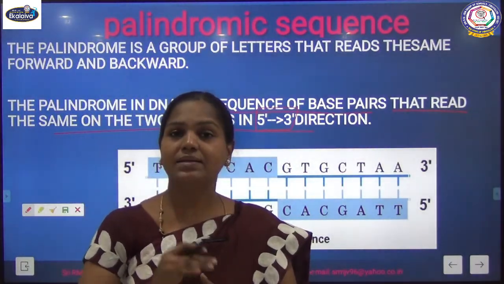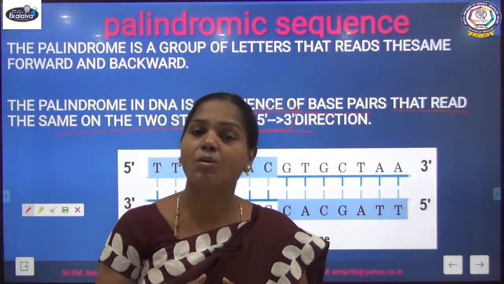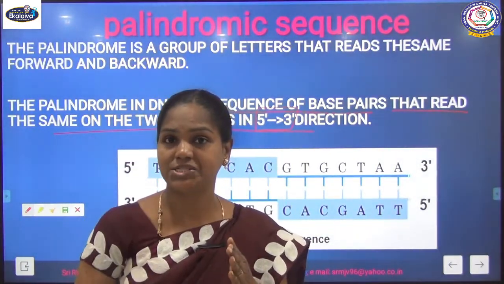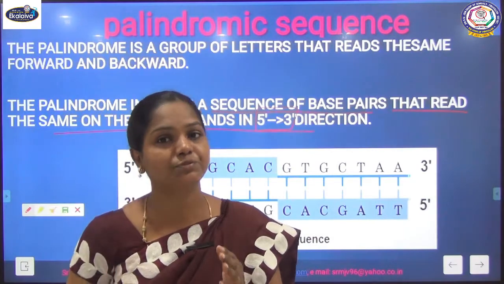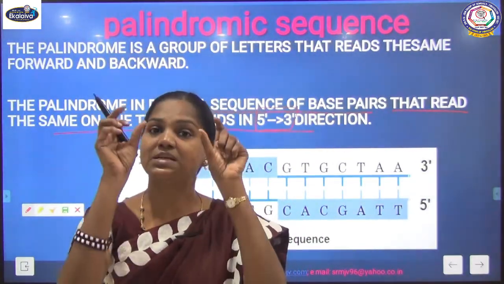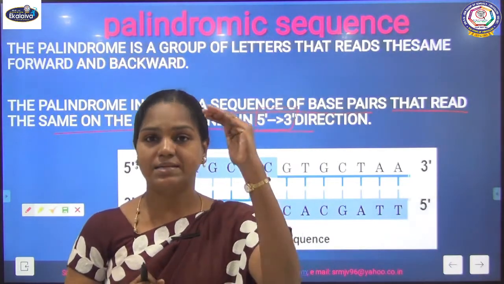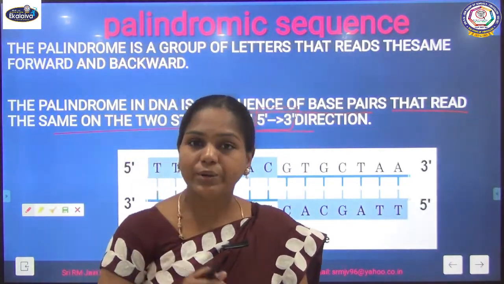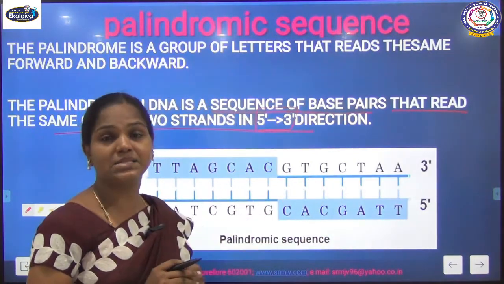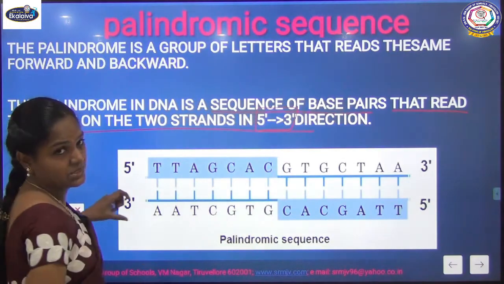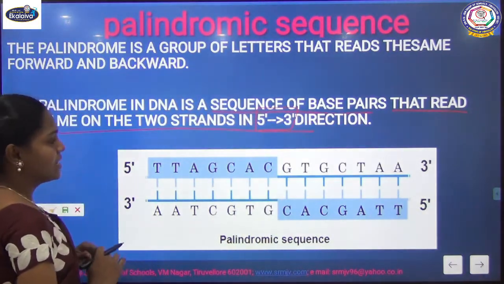You know that the strands in our DNA are complementary strands. One strand runs from 5' to 3', the other from 3' to 5'. When you bring these two strands to the same orientation, 5' to 3', we can read the sequence the same way. An example is given here.